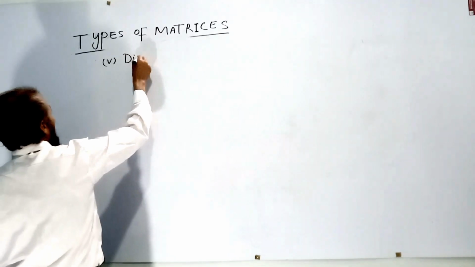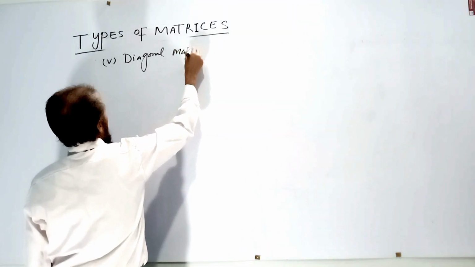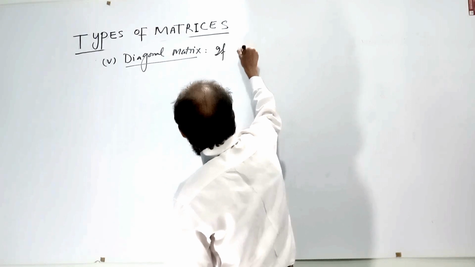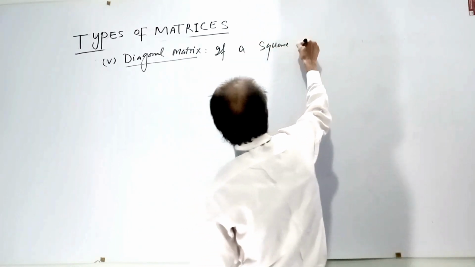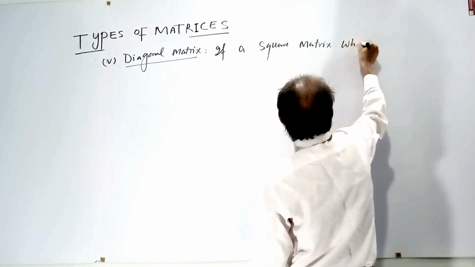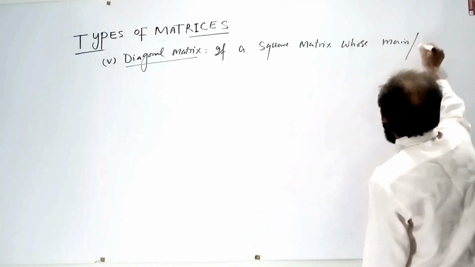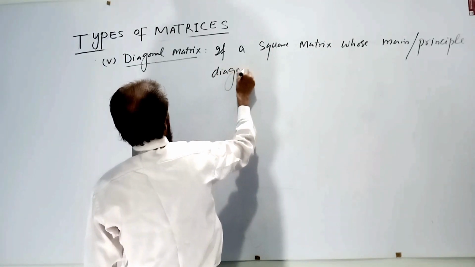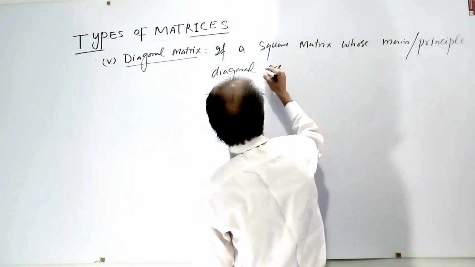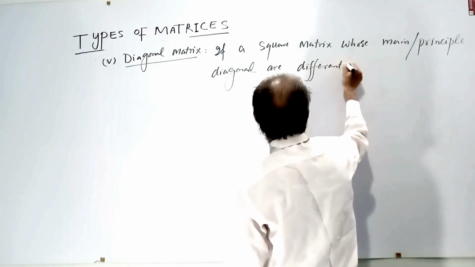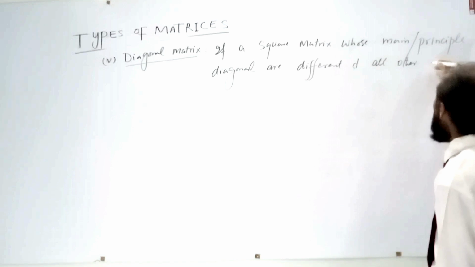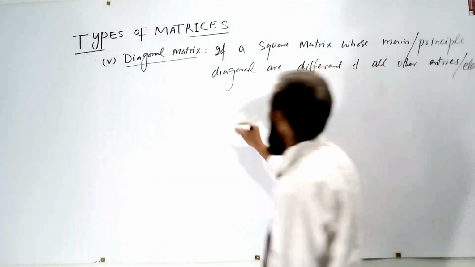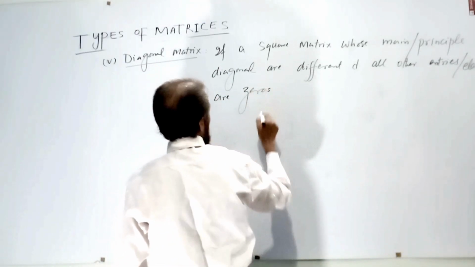Diagonal matrix. A diagonal matrix is a square matrix whose main, or principal, diagonal entries are different, and all other entries, or elements, are zeros.